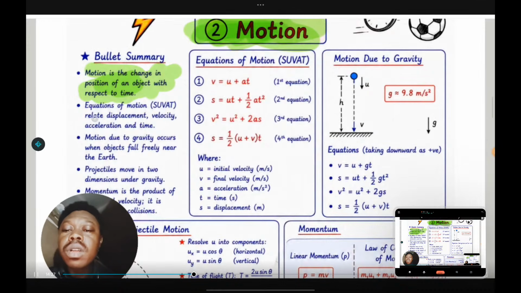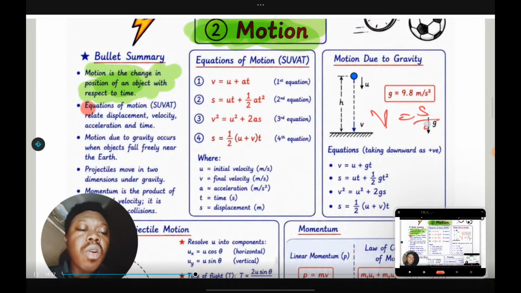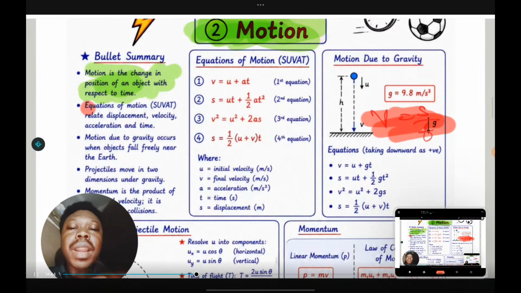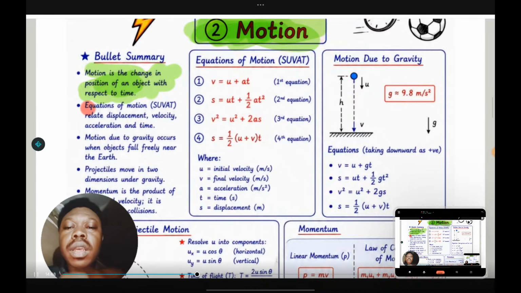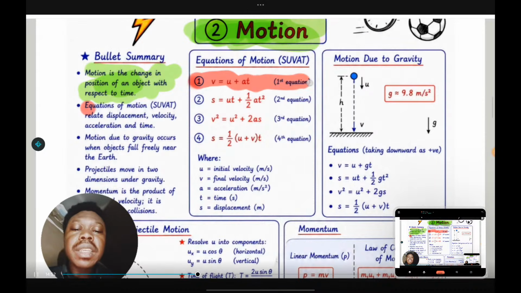Now, we have the equations of motion. Before you arrive at this equation of motion, speed equals distance over time. This is our basic formula under motion, and this formula is the general formula that most of the physics topics rely on. Take note of this. Then equation 1, v equals u plus at.